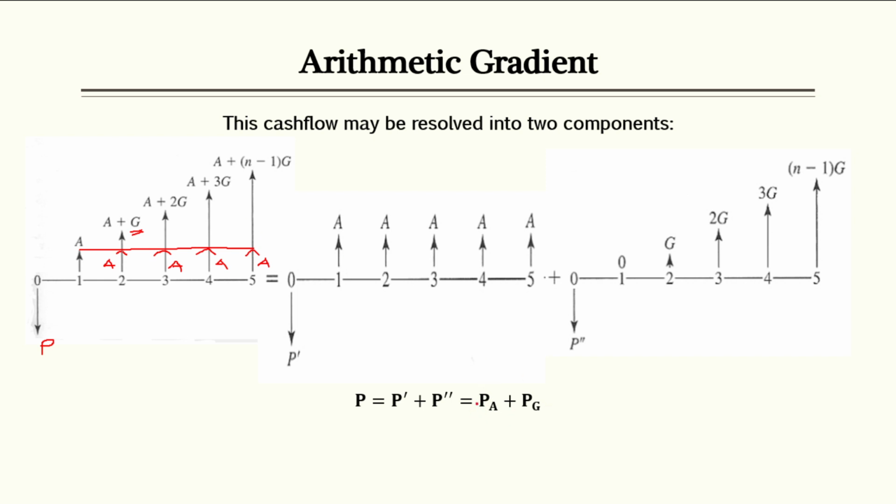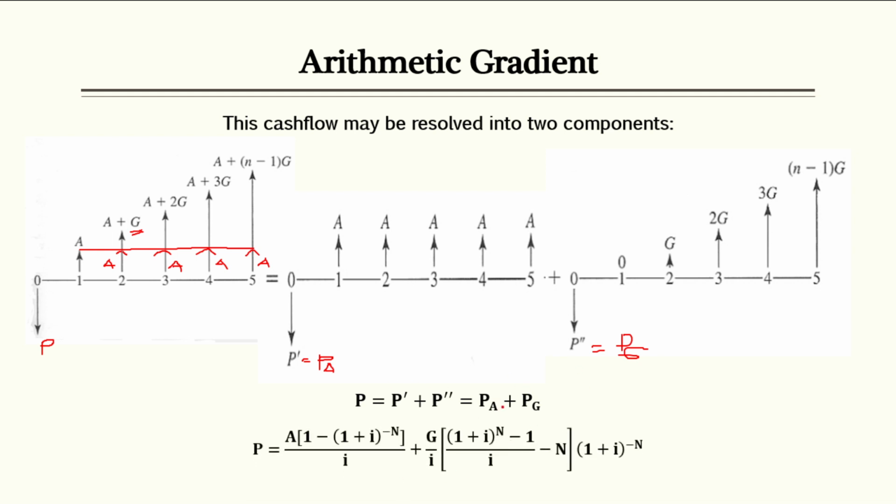Ibig sabihin, present worth ng ating annuity plus present worth ng ating gradient. Pwede siyang i-write as present worth ng annuity and ito, present worth ng ating gradient. Okay?